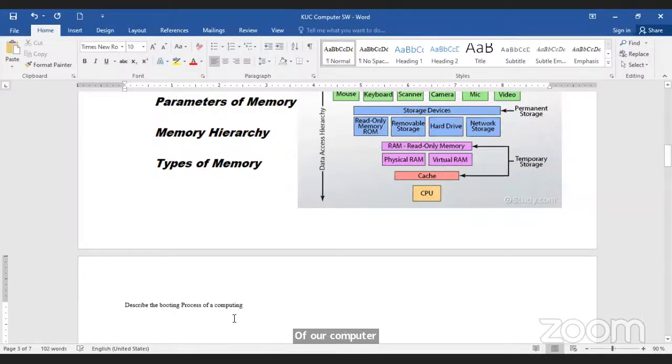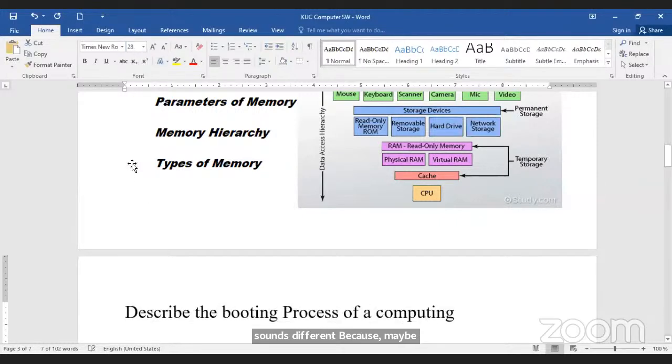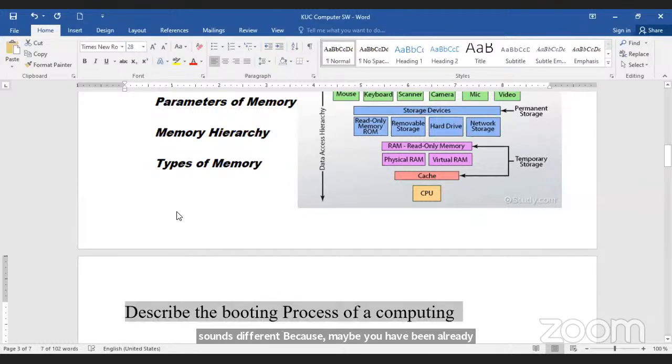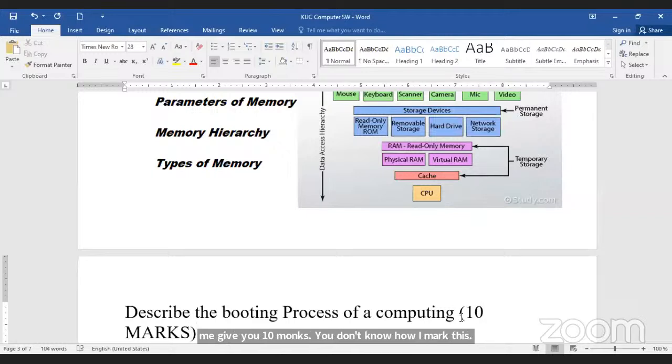When you say booting, some of you find it sounds different, maybe because you have already been booted. I want you to describe the booting process of a computer, for 10 marks. You will give your friend to mark that. Describe the booting process of a computer.